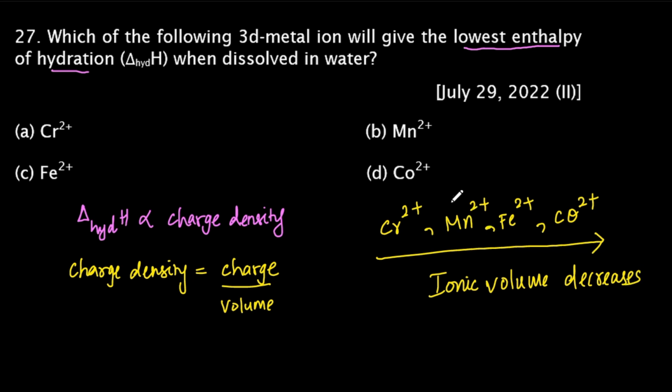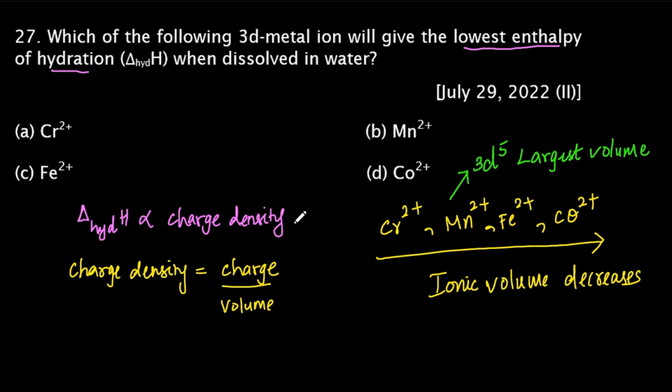But the Mn2+ ion has the 3d5 configuration. This stable configuration makes the orbitals slightly expanded, and Mn2+ will have the largest volume.